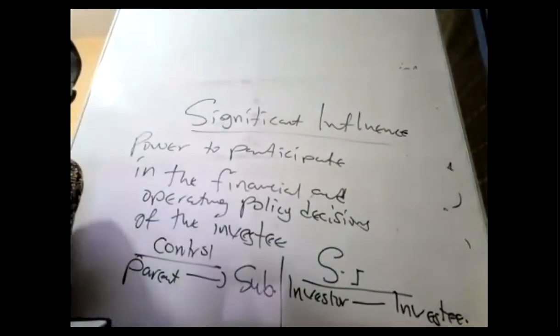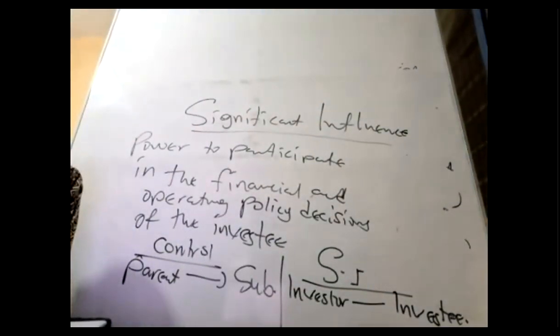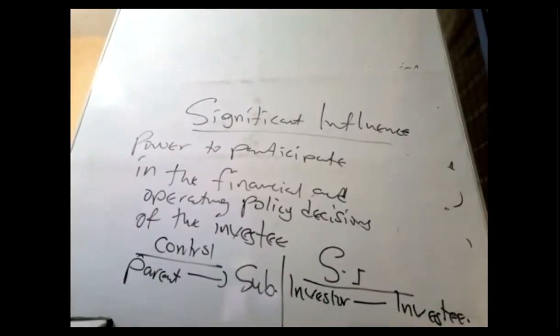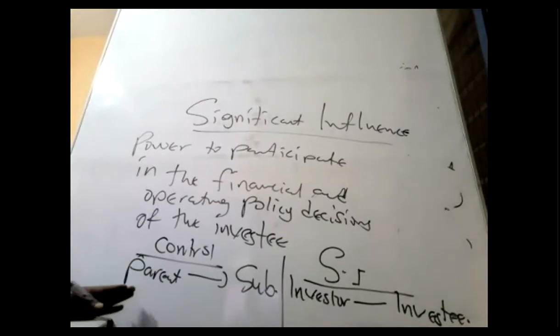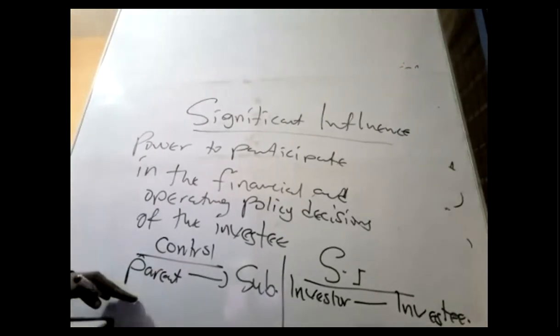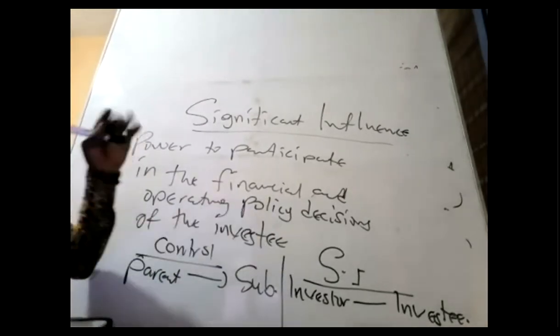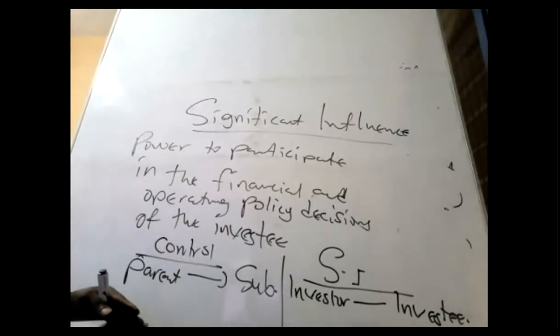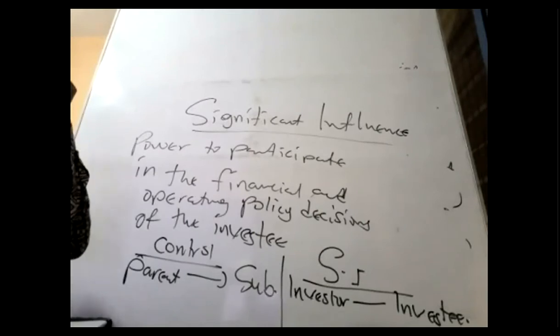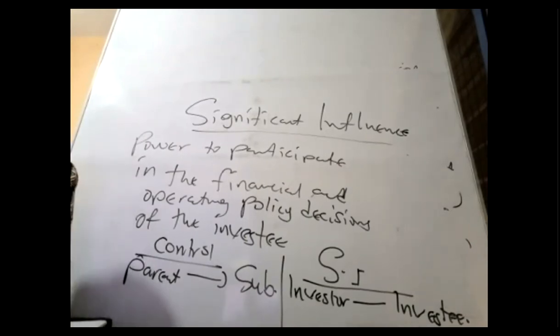So take note of these terms so that when you're using them in exams, you are fine. Where there's control, feel free to mention parent and subsidiary. Where there's no control, where there's significant influence, don't mention parent. The moment you mention parent, everybody's mind goes to what? Control. You are an investor. Okay. So that's all.